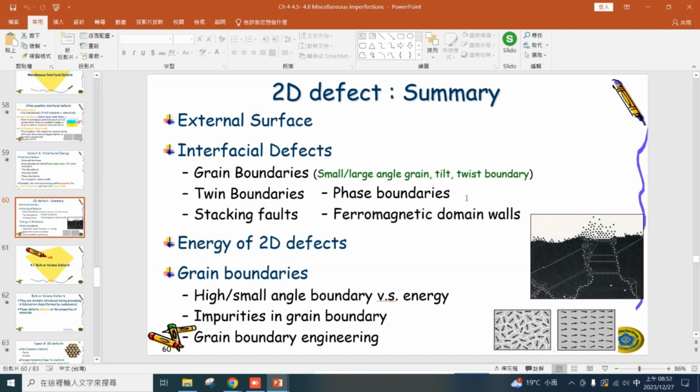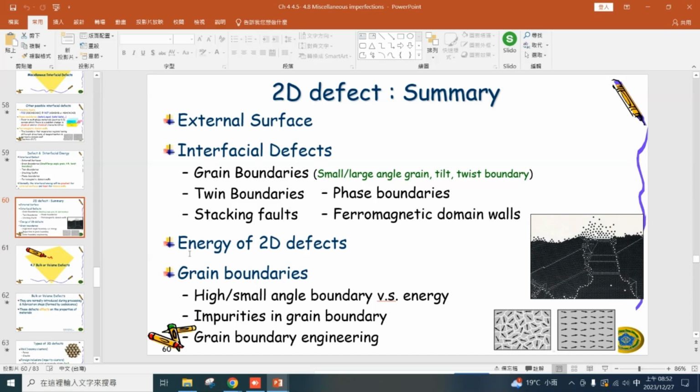Phase boundary means you have FCC and BCC, or you have different phases, like A phase or B phase, or alpha and beta phase.